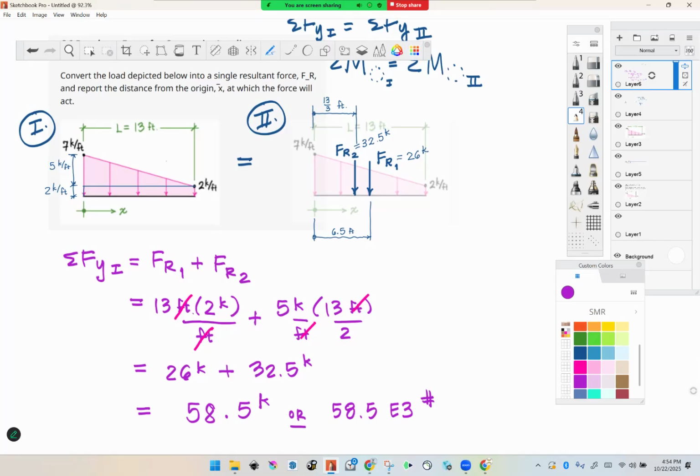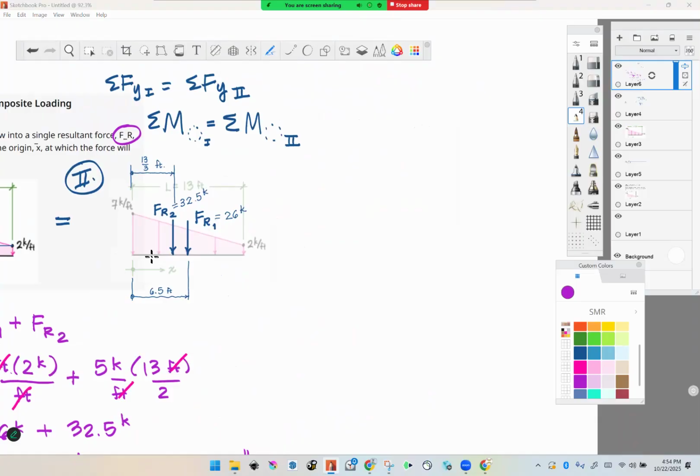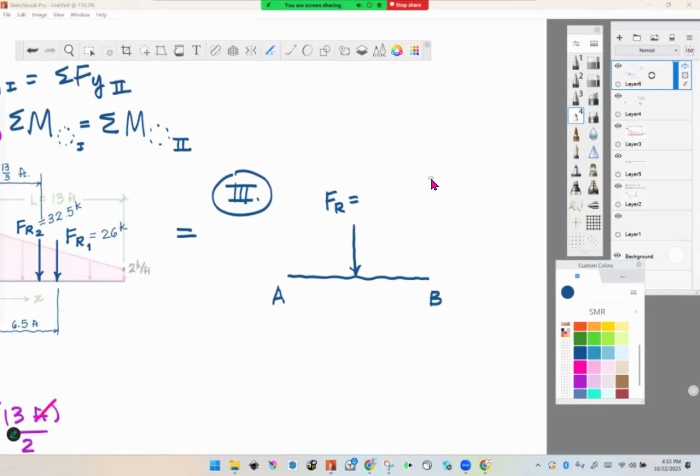Okay, so that's the first part. Honestly, what I'm doing here is creating 3 equivalent systems. Let me make sure that's clear. So I'm doing the 2 forces as an intermediate step, and then my final resultant force, which I just calculated as 58.5, is at some distance, and we haven't solved for that yet.